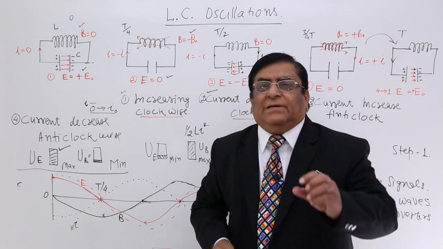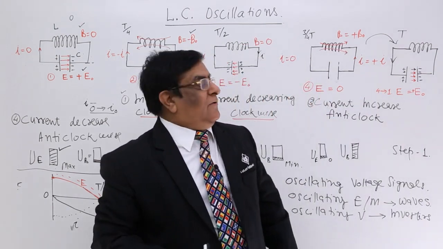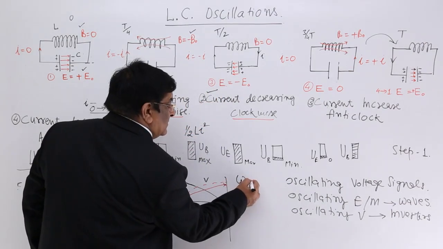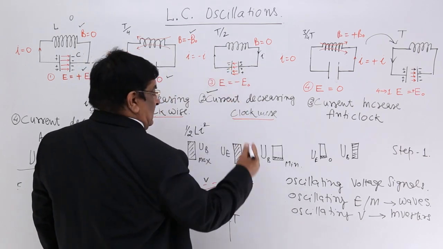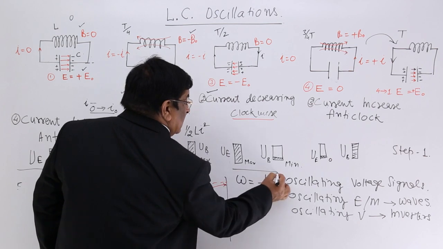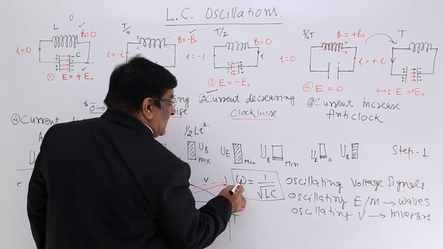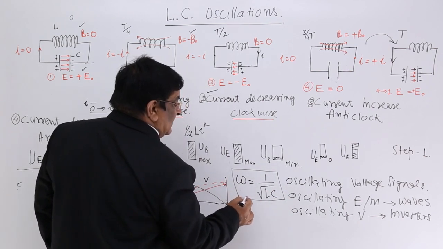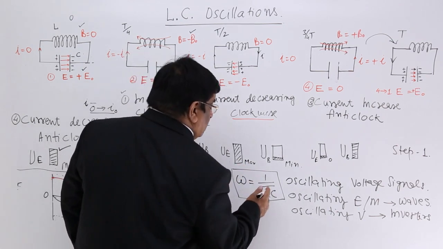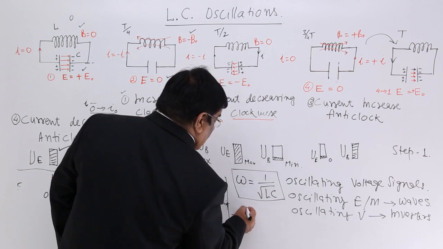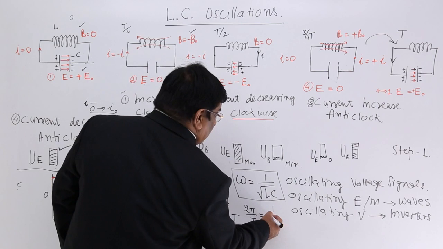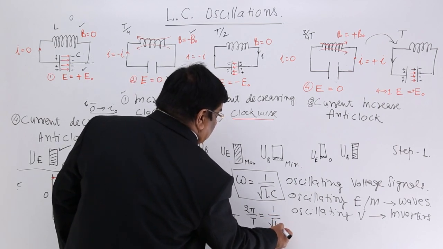So what is the time period or frequency of oscillations? The answer: omega, angular frequency, is 1 upon root LC. With this, if we write omega is equal to 2 pi upon T, then what is T equal to? So 2 pi upon T is equal to 1 upon root LC.